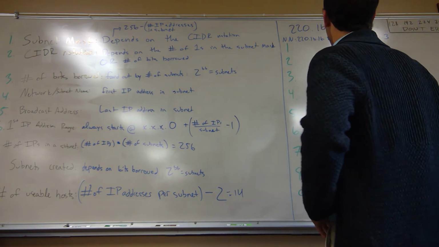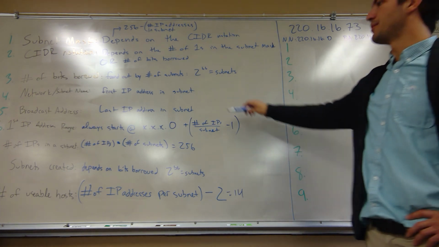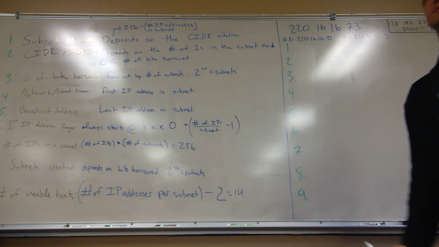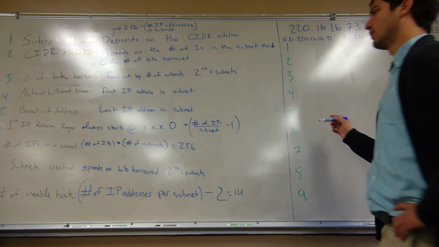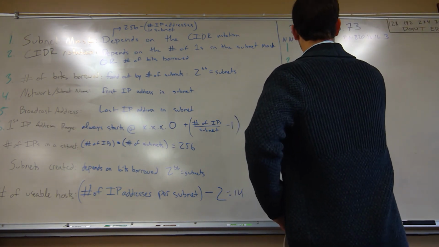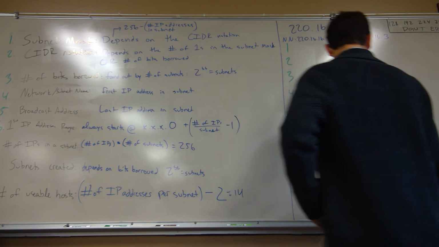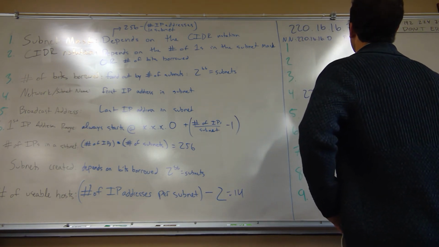What do we need? Network name, broadcast address. So I've given you 4 and 5. So 4 is actually 220.16.16.0. What did you just put on?